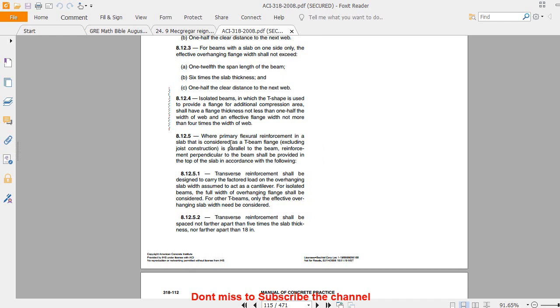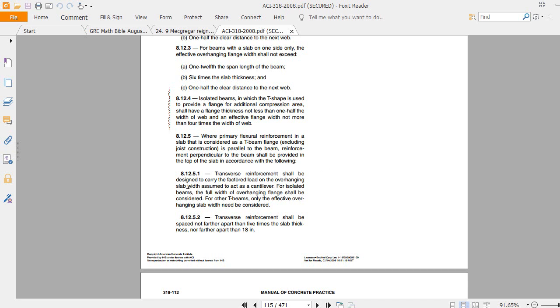This is important. Primary flexure reinforcement in a slab that is considered as a T-beam flange is parallel to the beam, reinforcement perpendicular to the beam will be provided in the following.